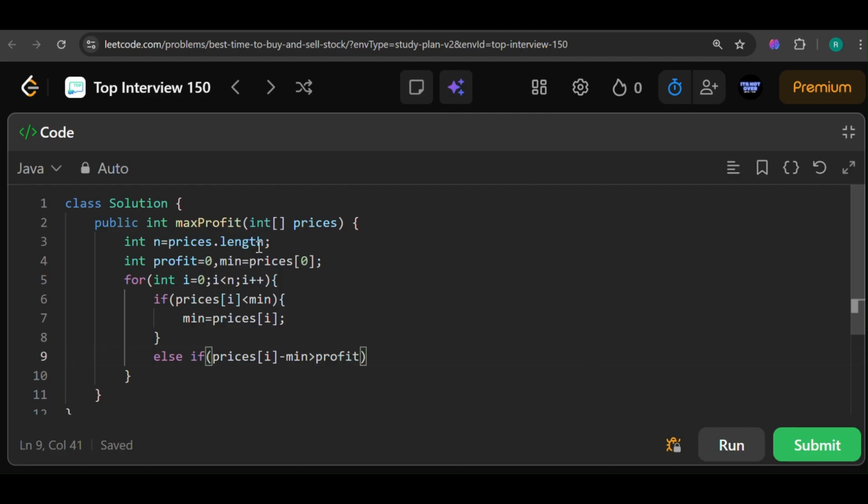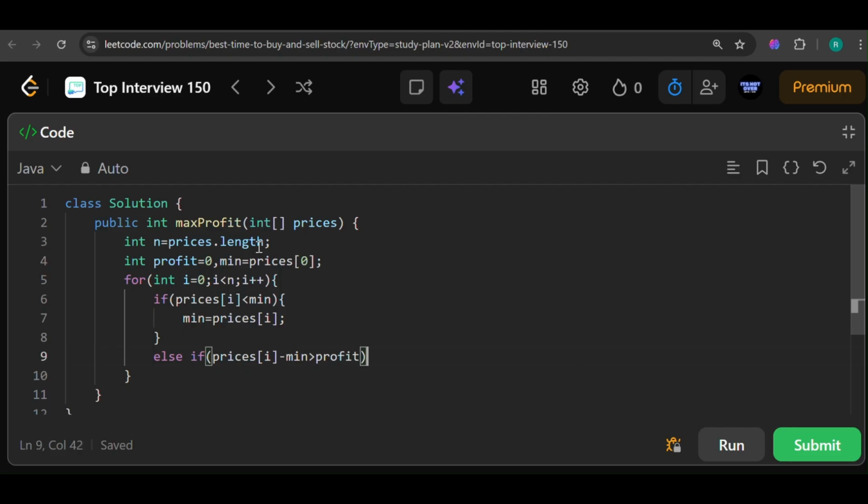Profit is initially 0. If I find that prices of I is greater than minimum value, it will be subtracted. After subtracting, I have some profit. If I buy on the minimum day and sell on a day where prices of I is greater than minimum, I need to find the profit.